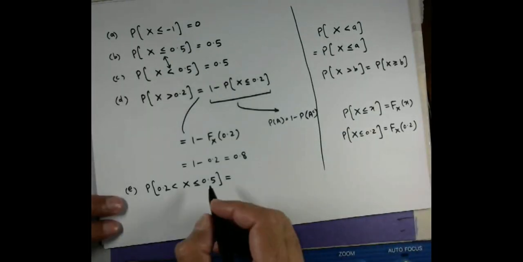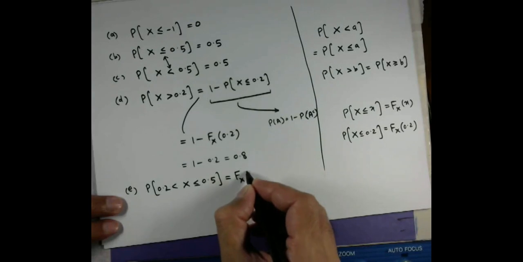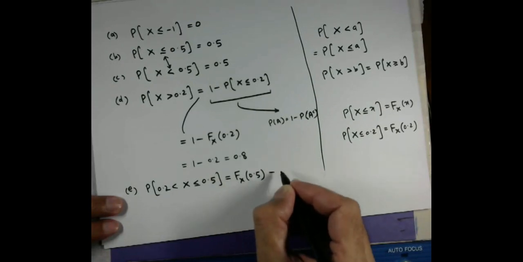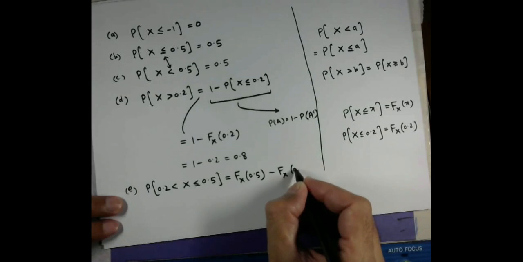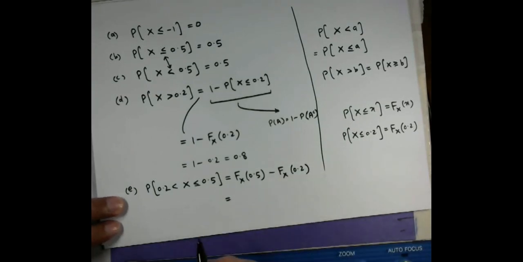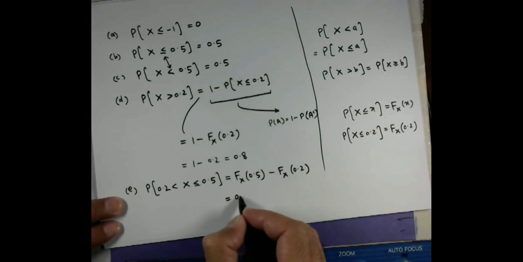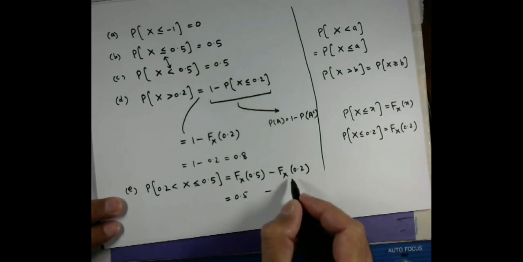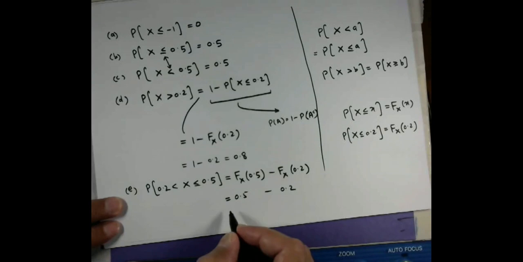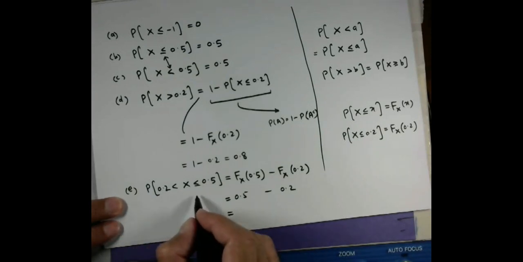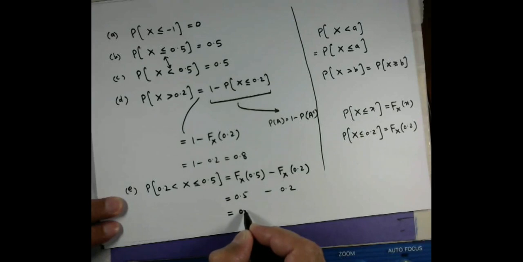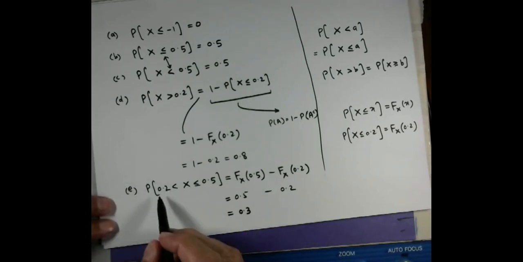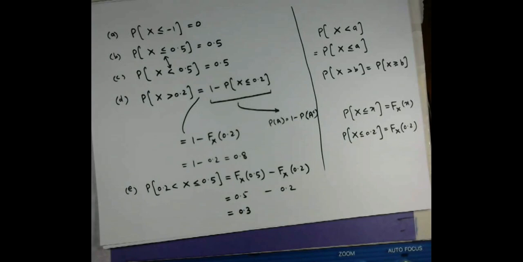So now we can write it as the CDF at the higher point, which is 0.5, minus the CDF at the lower point, which is 0.2, and you know that CDF at 0.5 is 0.5 minus CDF at 0.2, which is 0.2. So the probability of this interval becomes 0.3. We'll later on see that we can find the probabilities of these intervals using integrals as well, but I'll discuss this in the next lecture, inshallah.